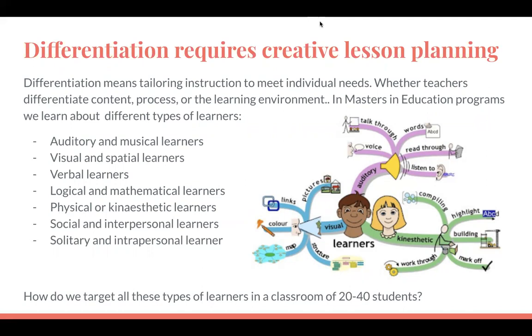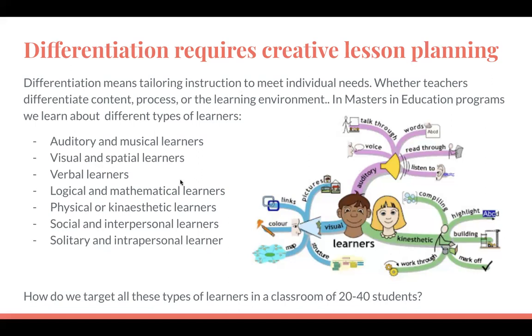Or how can the student who only learns through images learn this? So we have students who learn by hearing, musical learners. We have visual and spatial learners. So I put in this image here to help you think about the different ways we learn.